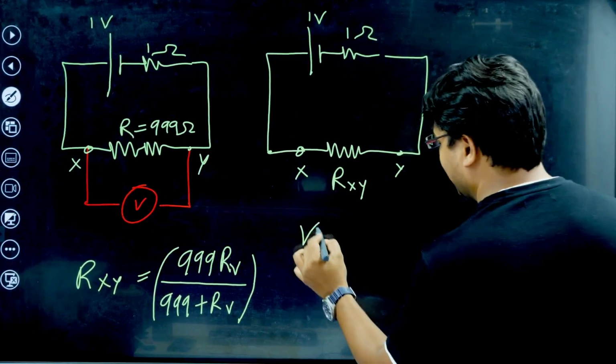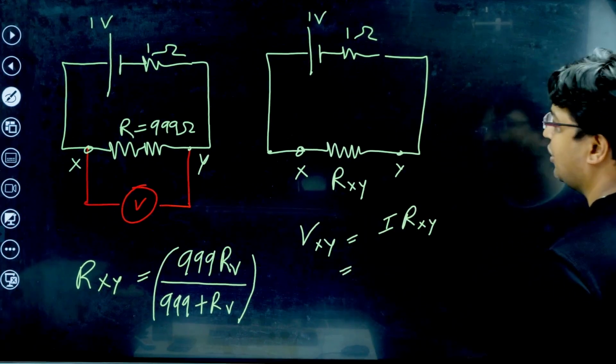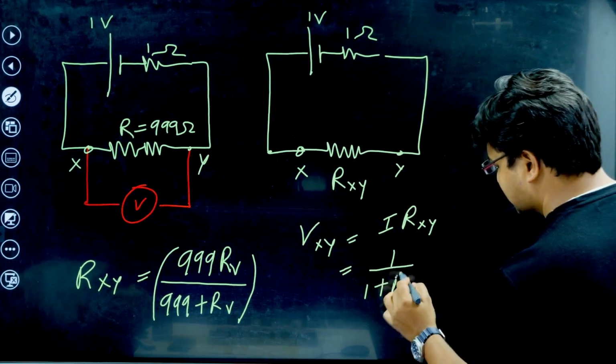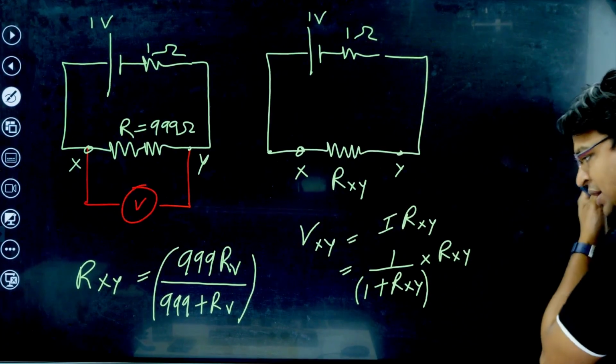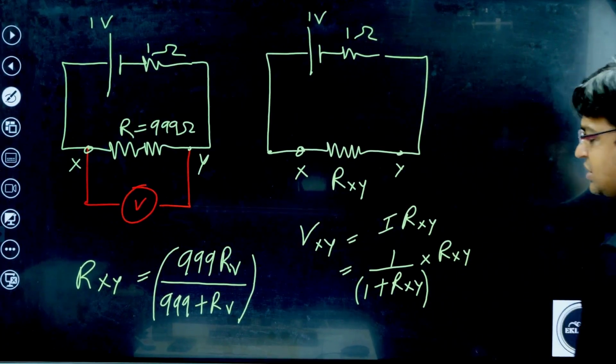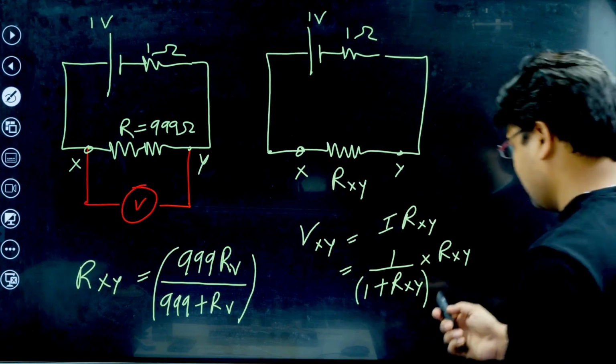So if I try to find out the potential difference, I will have to do I into RXY, and this I would be how much? It would be 1 divided by 1 plus RXY, into RXY, and then this RXY I'll substitute here. I'll go to the next page.